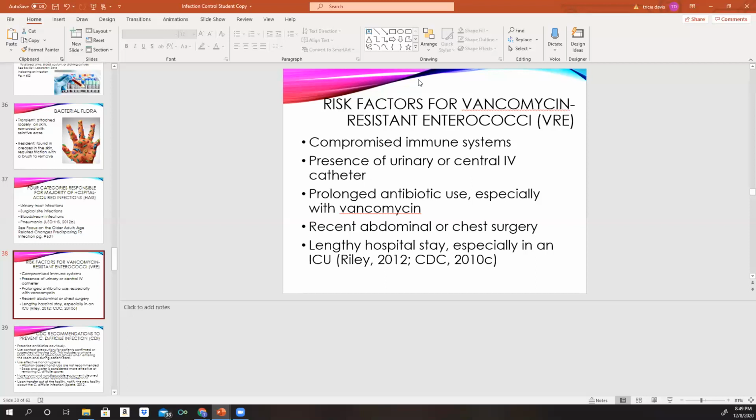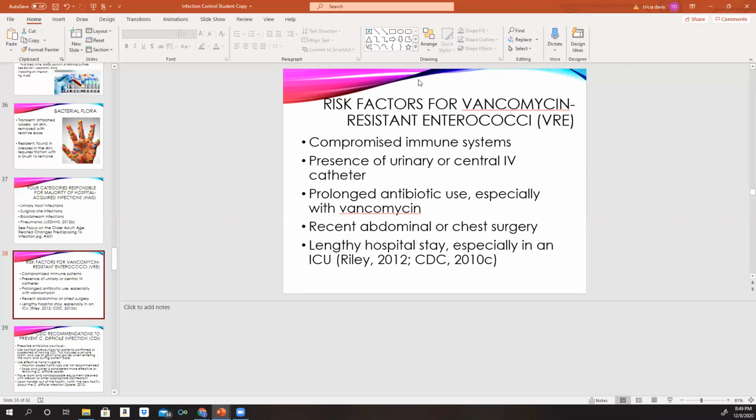So VRE is usually spread by coming in contact with feces, urine, or blood of an infected or a colonized person. So healthcare workers have to be especially careful to ensure that we are recognizing it, diagnosing it, isolating it, managing it, and maintaining infection control.